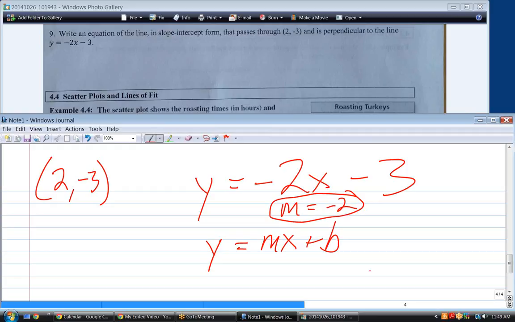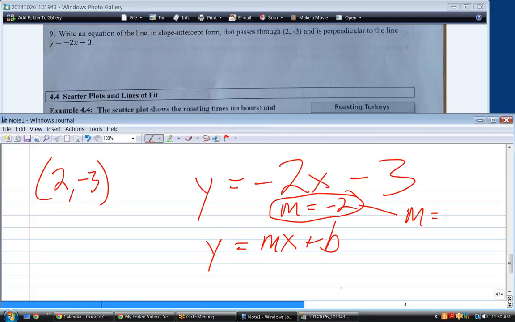What's the slope of any line perpendicular to that line? Remember, there are 2 steps. What are the 2 words that describe it? Negative reciprocal. First, what's the negative of that?